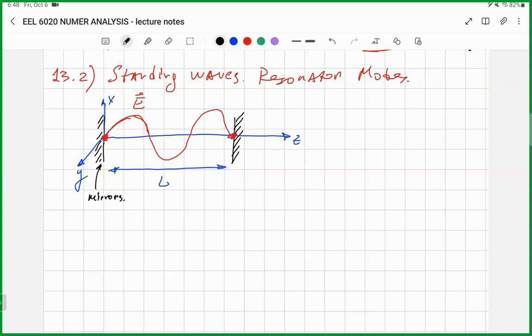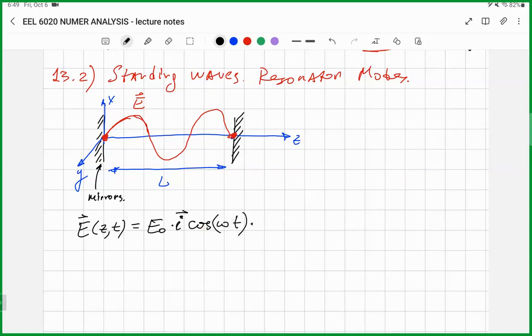So for the electric field, I can write it in this form. It depends on Z and time, and it has the amplitude E0. It's polarized along X by assumption. It depends on time as a harmonic function, cosine omega t.